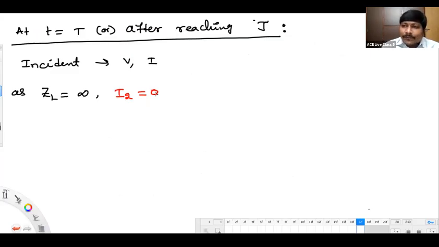So after saying that the refracted current is 0 and the incident current is I, we can find out the reflected current. That is nothing but refraction minus incident.